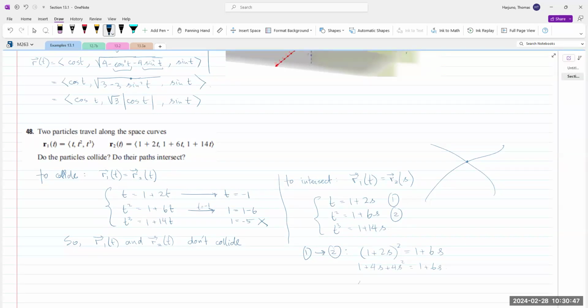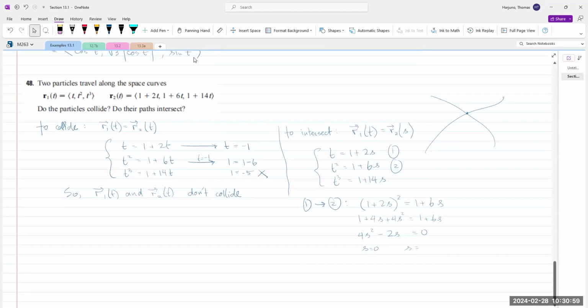So I get 4s squared minus 2s equals 0. Let me factor that: this is 2s times (2s minus 1). s equals 0, or s equals 1/2. Now when s equals 0, the t is 1. When s equals 1/2, the t is 2.